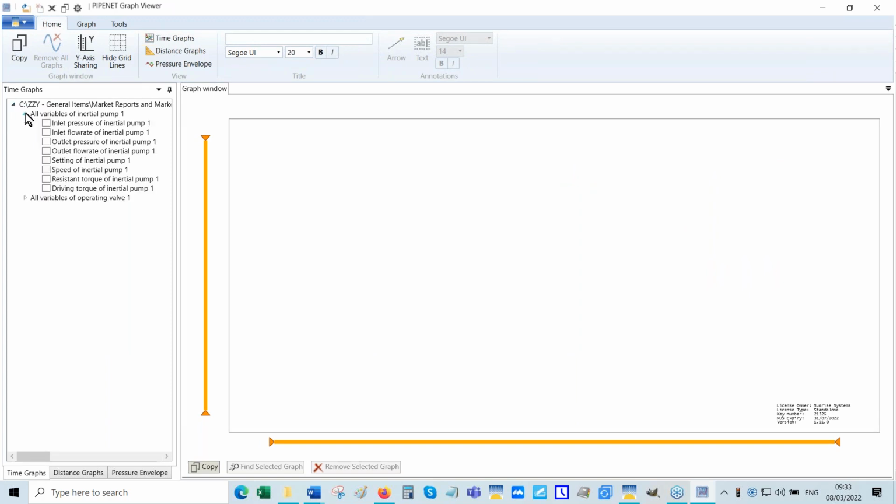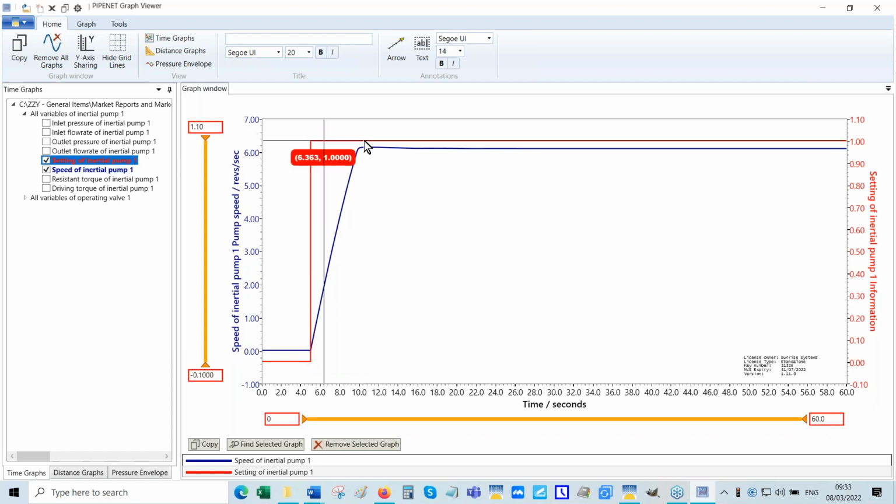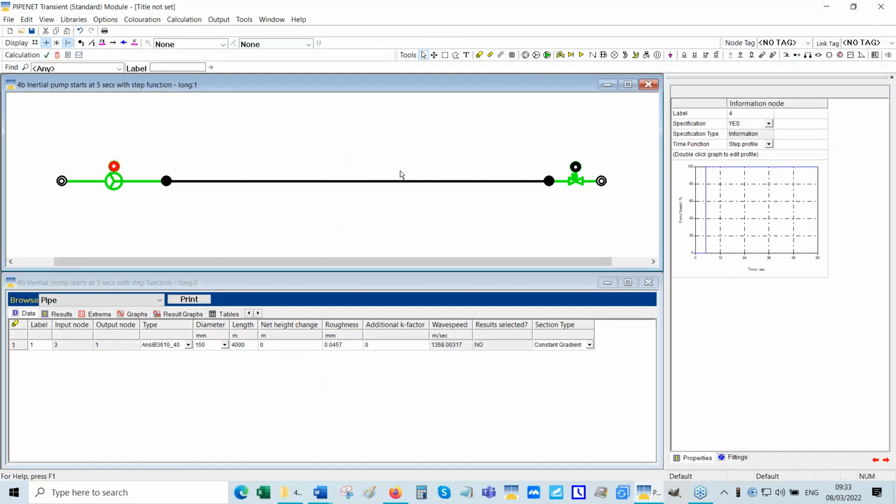The inertial pump, we're interested in the speed of the pump. Oh, we've already done this. That's the step function that we input. Okay, so that's the inertial pump in the startup mode.